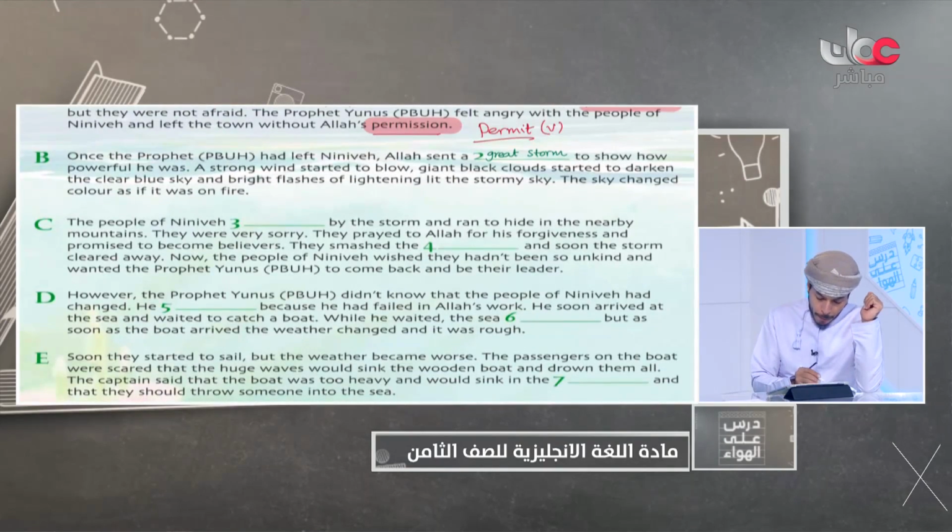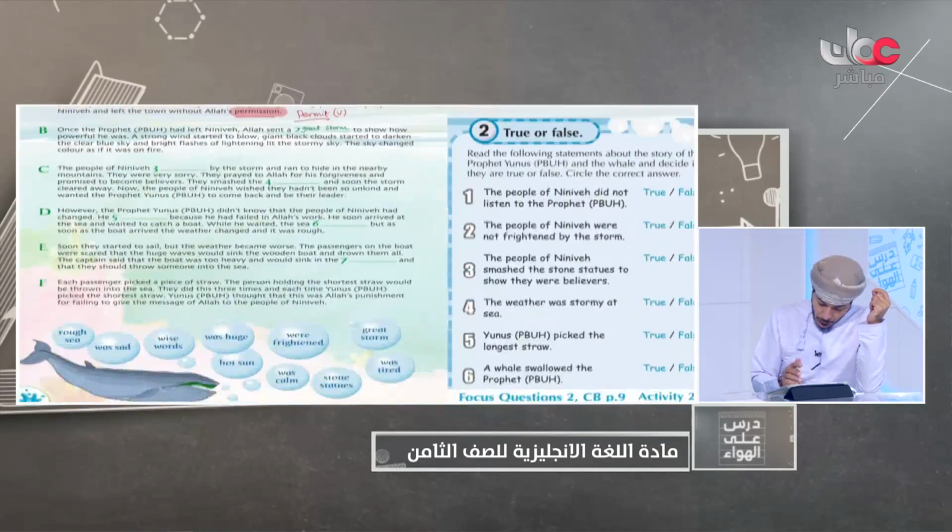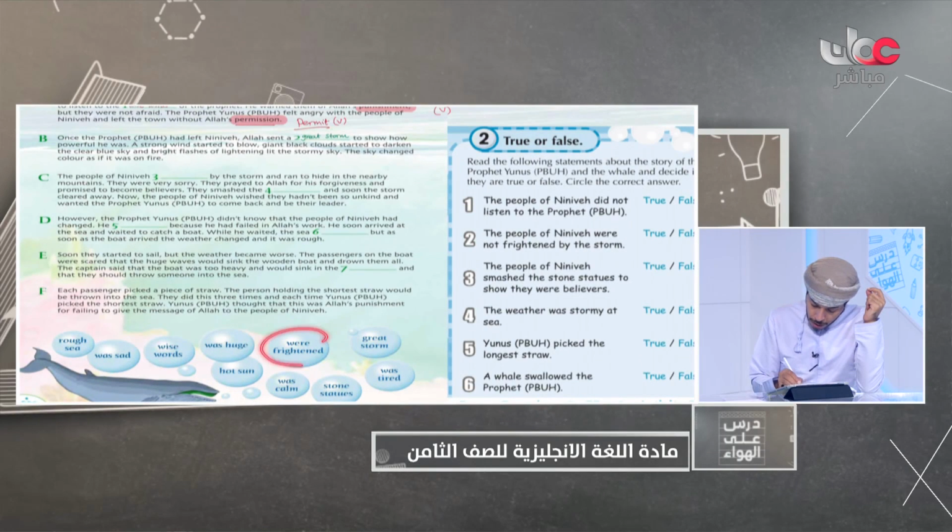Good. The people of Nineveh, what happened to them? This is for number 3, by the storm and ran to hide in nearby mountains. So what happened to them? They were frightened. This one, frightened. Good.